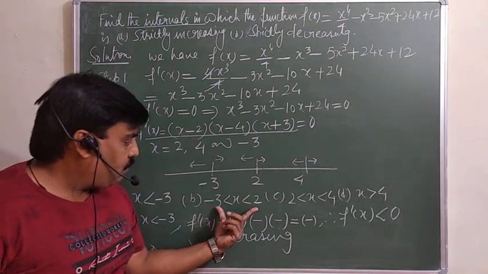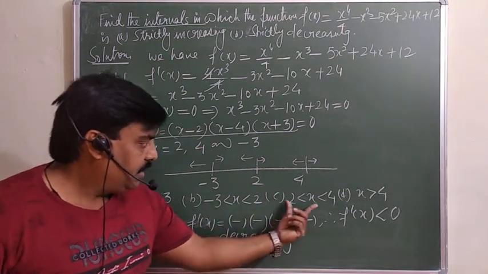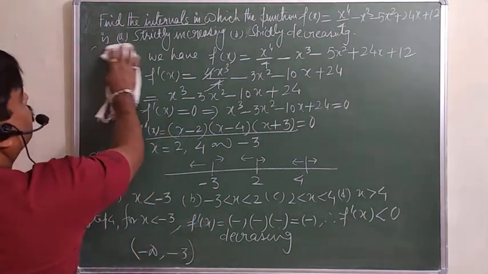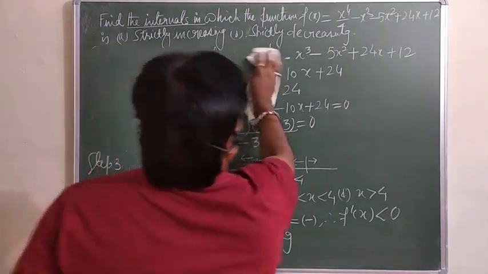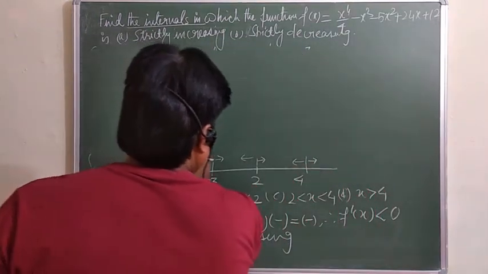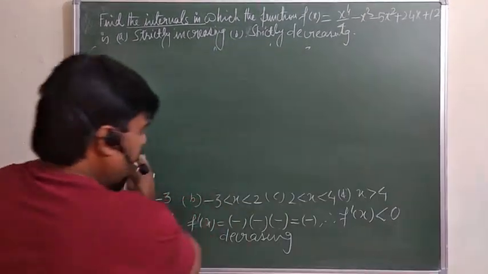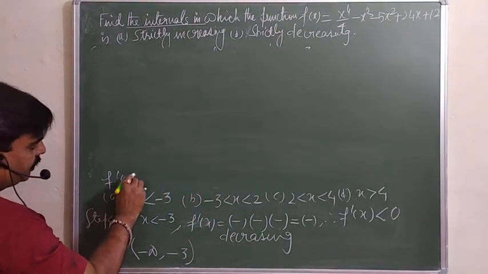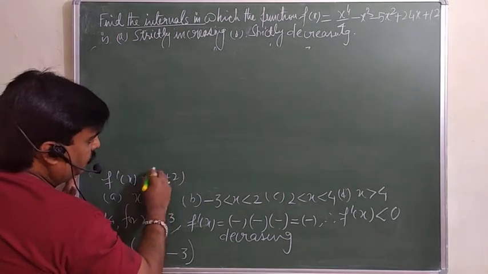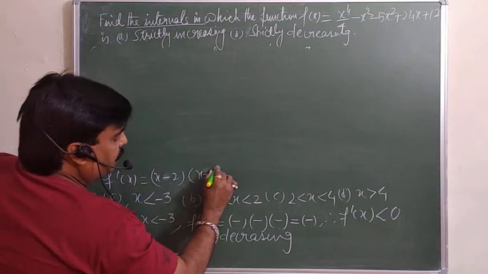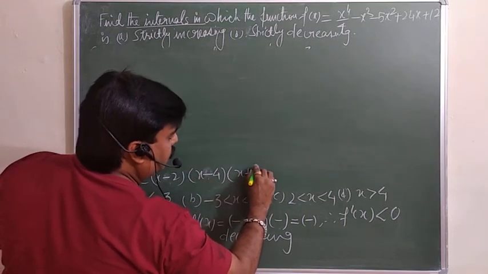Now you must check for the other ones also, as usual. So I am going to rub this one. Look here. Your f dash x था हमारा (x plus 2)(x minus 2)(x minus 4)(x plus 3). This was there only.